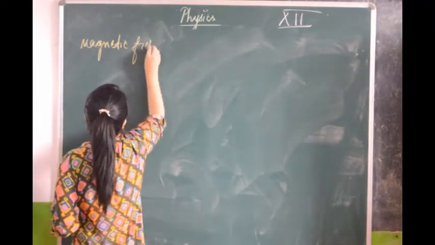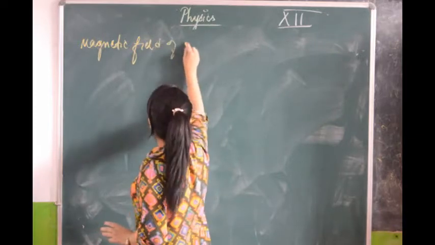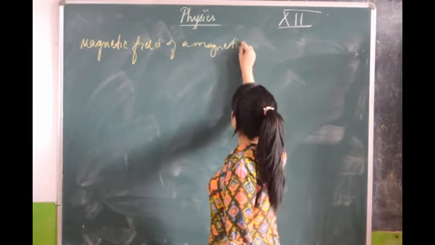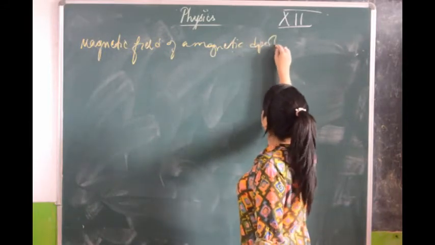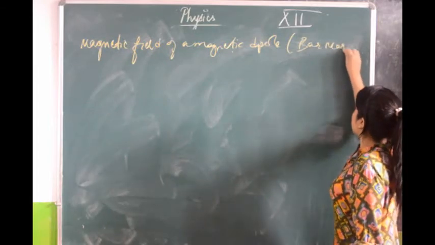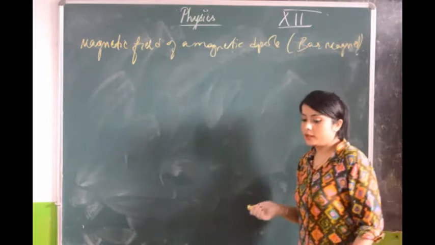Any magnet is actually a magnetic dipole. Without two poles, there is no magnet.